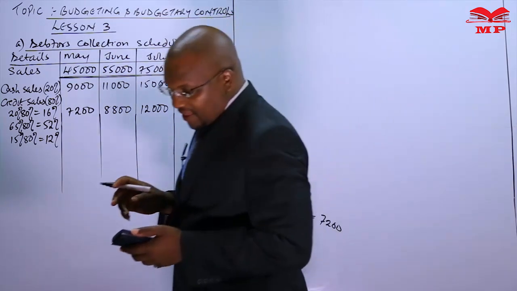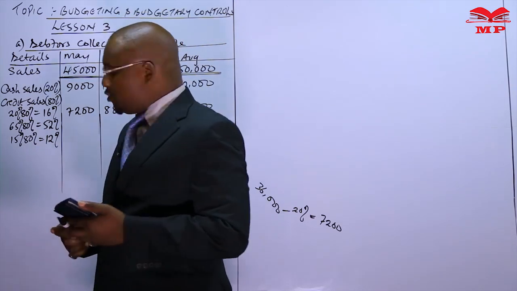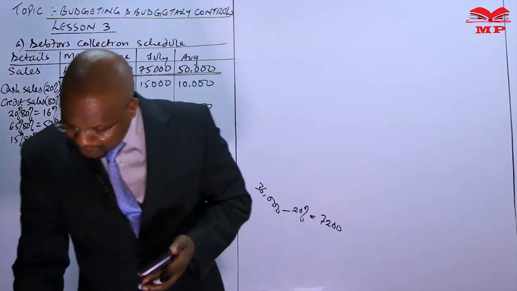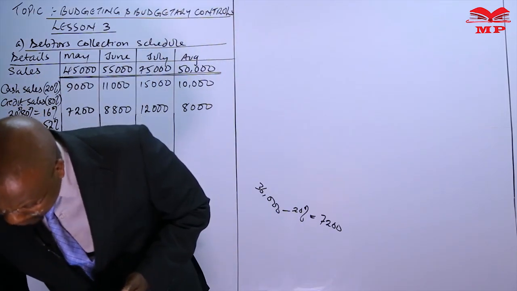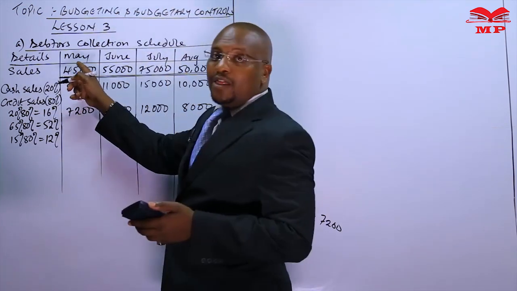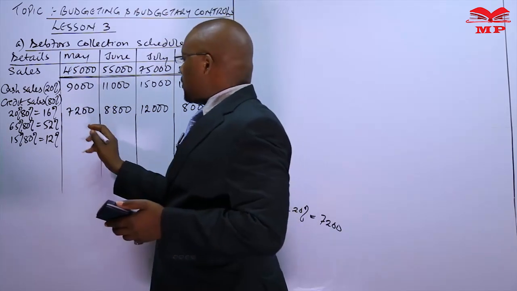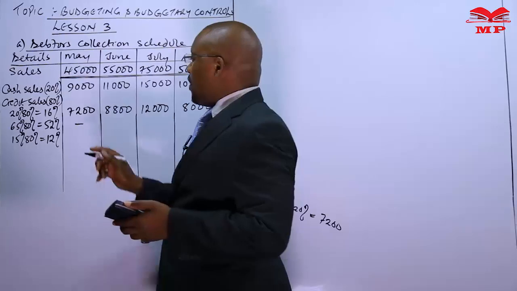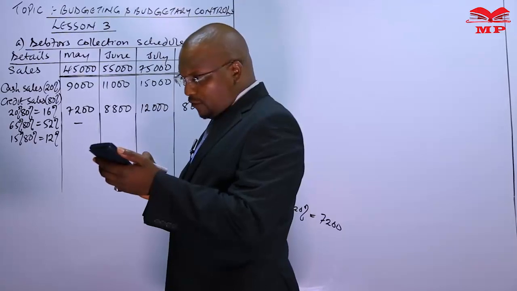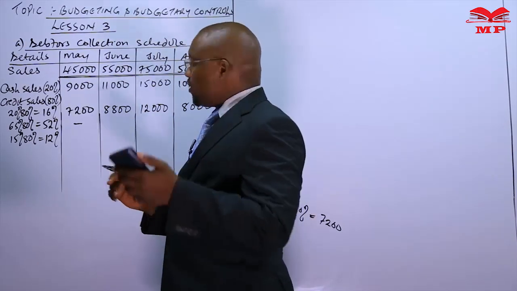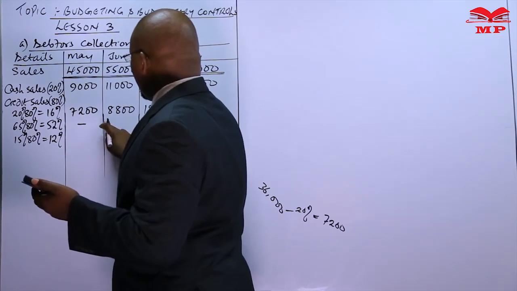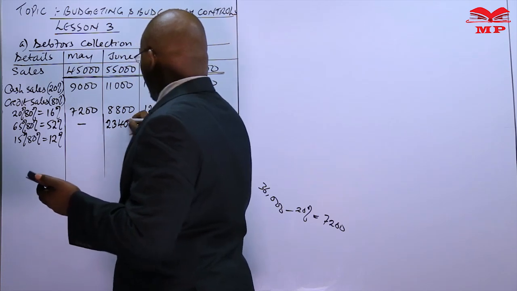Then we are told that the 52%, which is the 65%, is to be collected the following month after sale. So we expect nothing for the month of May, and here we just have a dash. Then 0.52 times the 45,000 of the month of May, to be collected in the month of June, is 23,400.